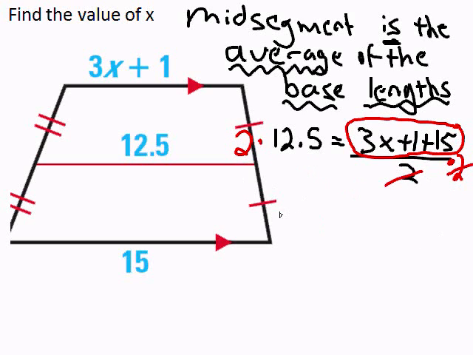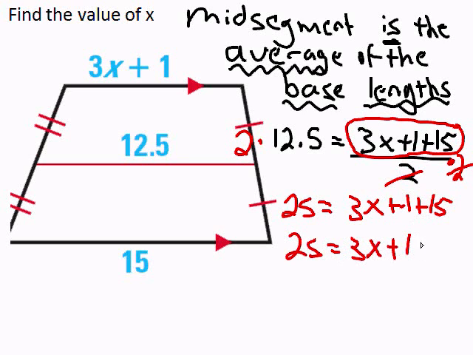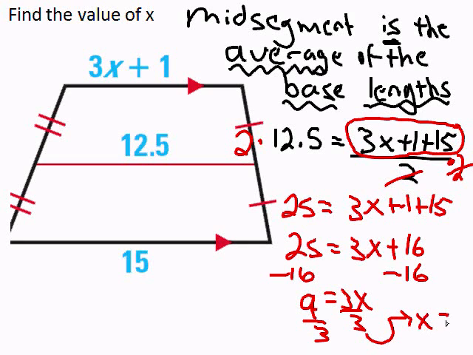Giving me 2 times 12.5, which is 25, equals 3x plus 1 plus 15, which is the same thing as 25 equals 3x plus 16. Now I can solve for x by subtracting 16 from both sides, giving me 9 is equal to 3x, and dividing both sides by 3, giving me in the end x is equal to 3.